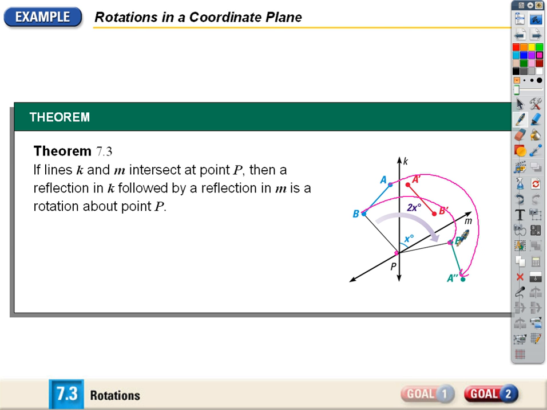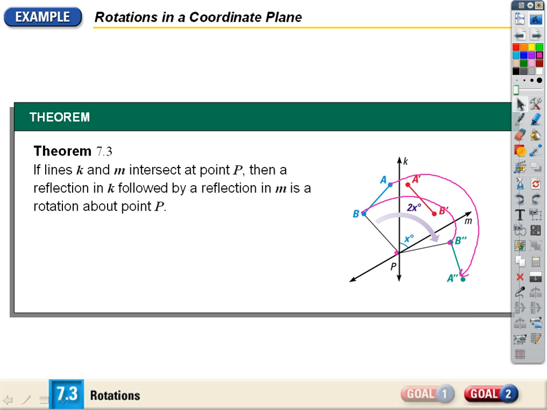A rotation of 2x degrees, where x is the measure of the angle between the 2 lines, is the same thing as a double reflection over those 2 lines. Okay, we'll come back to that. We'll see that again in a very extreme case.